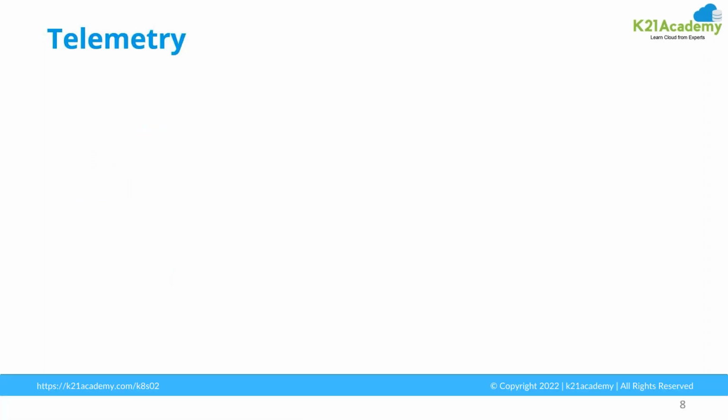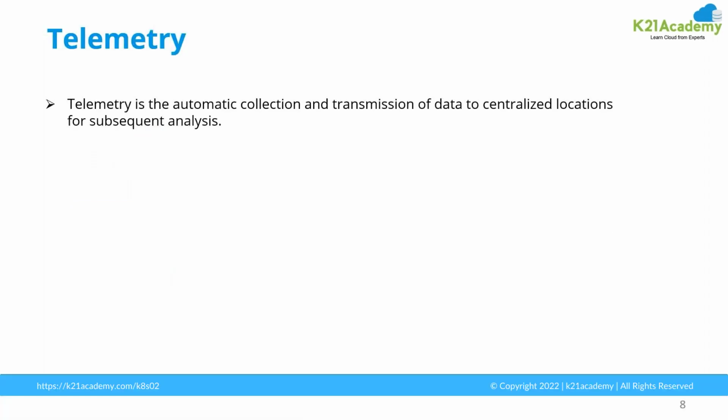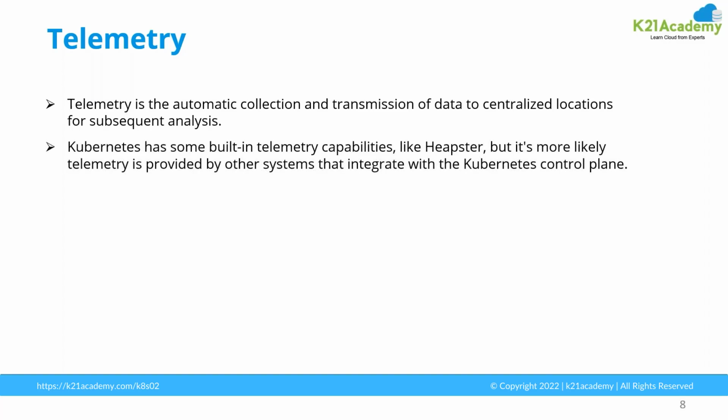Now let's move on to telemetry. Telemetry is the automatic collection and transmission of data to a centralized location for subsequent analysis. If you want to analyze your environment, you can do that by using telemetry. Kubernetes has built-in telemetry capabilities like Heapster, but more likely telemetry is provided by other systems that integrate with the Kubernetes control plane.